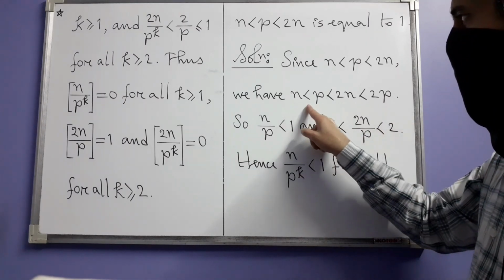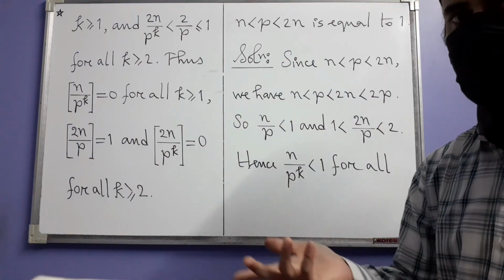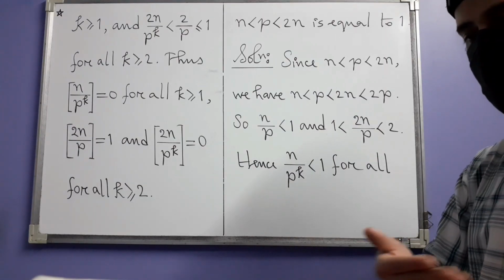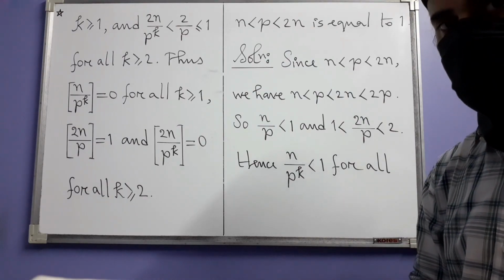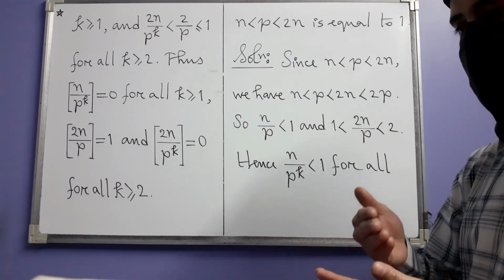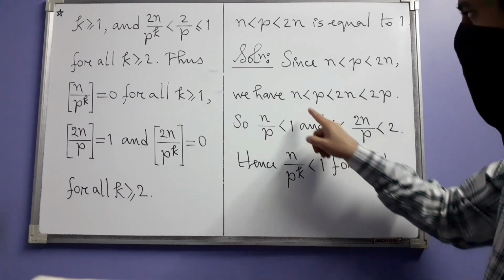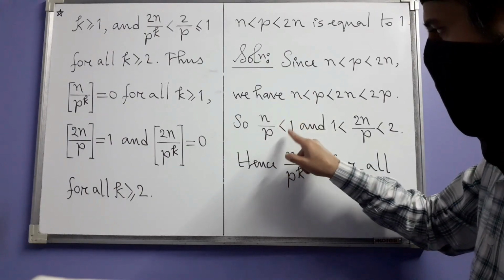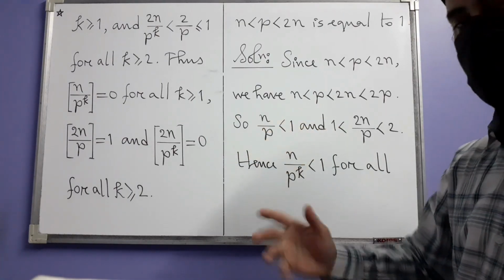If you divide the first inequality by p, because everything involved here is a positive integer, so division or multiplication can be done, and not just that, the inequalities do not get flipped, they maintain their direction. So dividing both sides by p, we get n divided by p less than 1, and needless to say, this is positive.